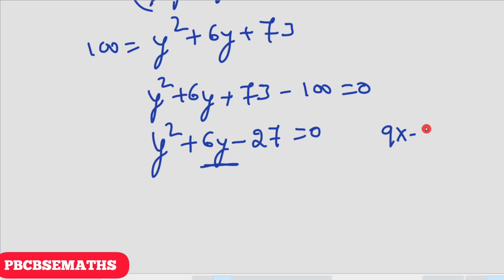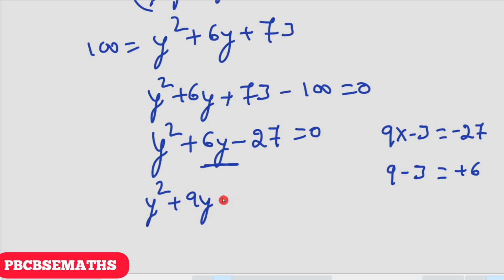So 9 into minus 3 gives us minus 27. Then 9 minus 3 gives us plus 6. So let's split it. Then we can write y square plus 9y minus 3y minus 27 equals to 0.